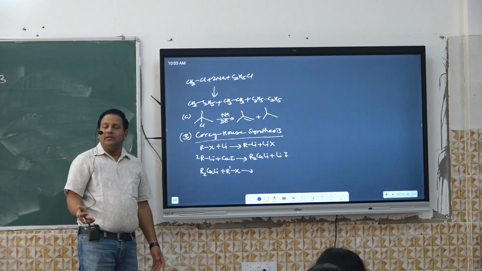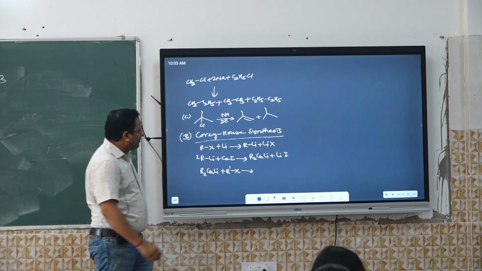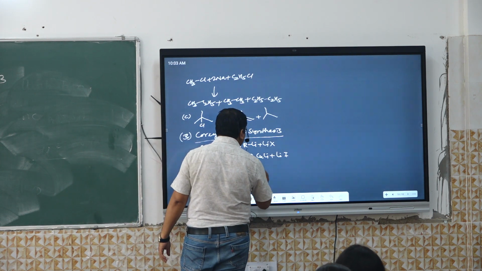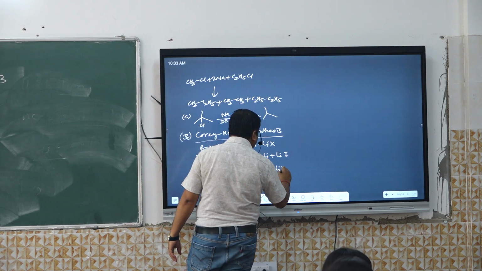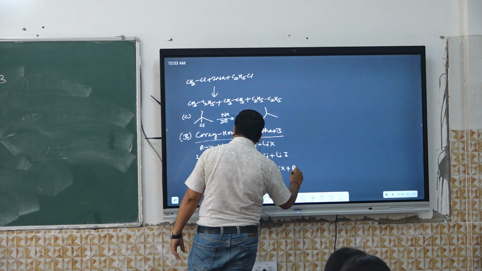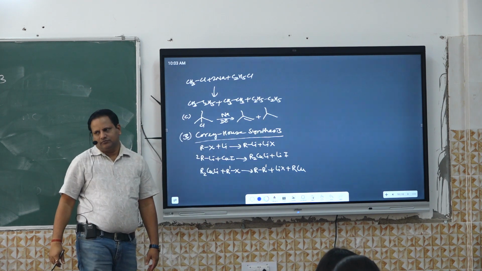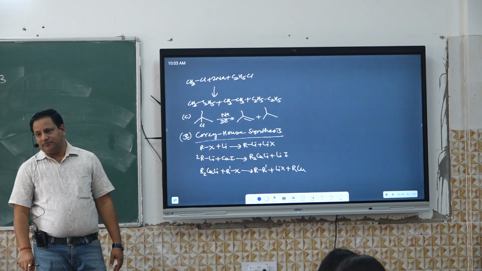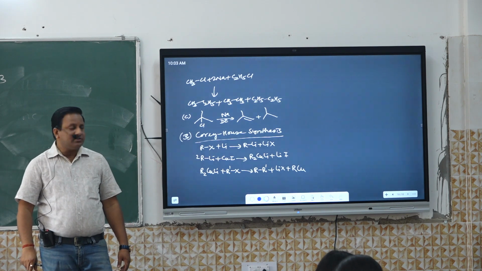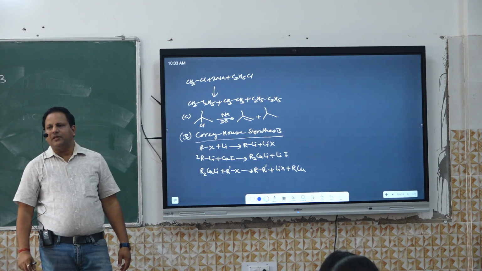If we take R dash, any different alkyl group, then that will give unsymmetrical alkane. So you understood. These are the sequence of reactions in order to prepare alkane.